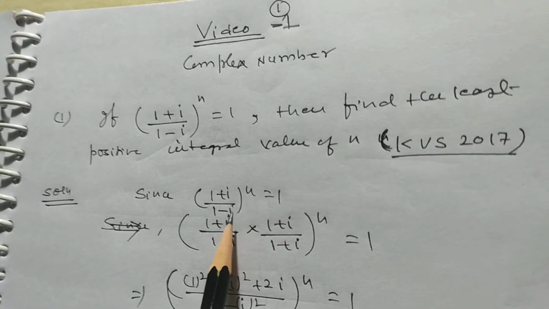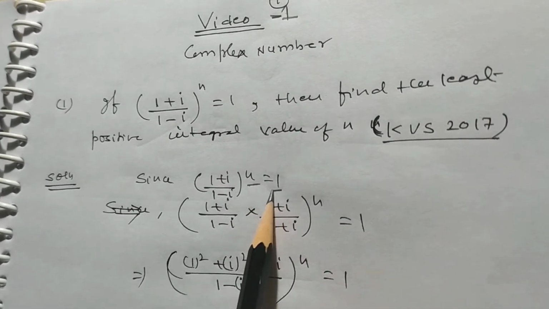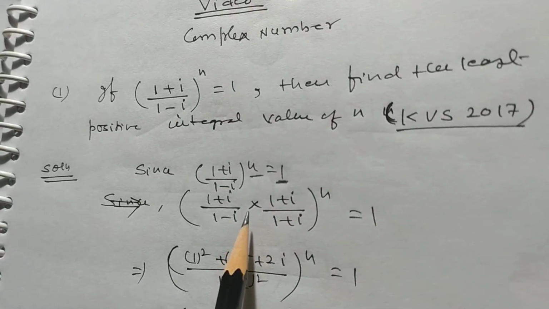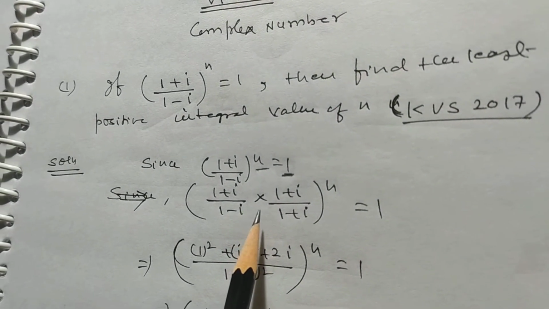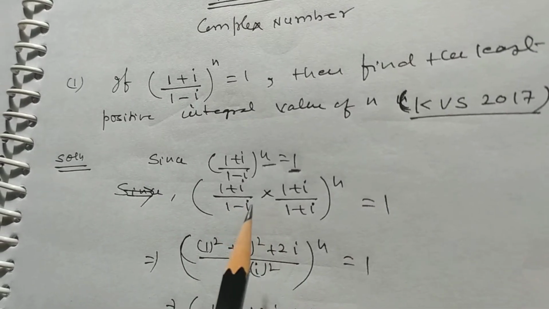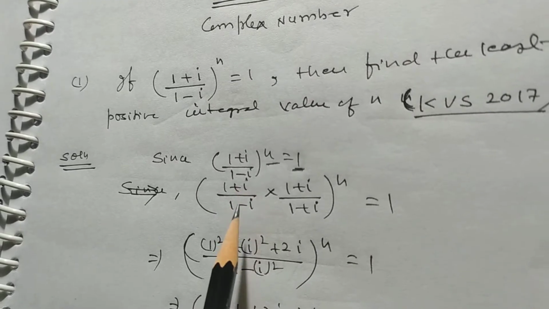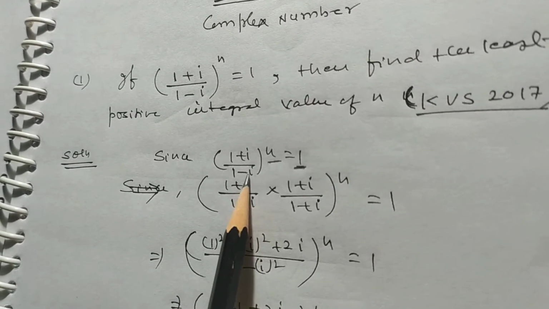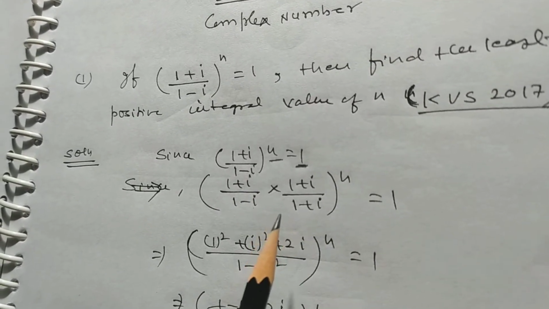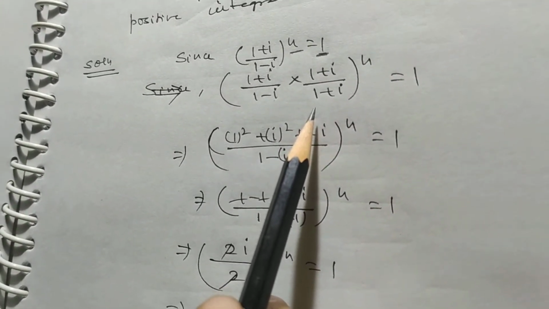(1 plus i by 1 minus i) whole to the power n is equal to 1. The question is, how will you solve this type of problem? What is the rule? The rule is you multiply the numerator and denominator by the conjugate of the denominator and solve this type of problem.